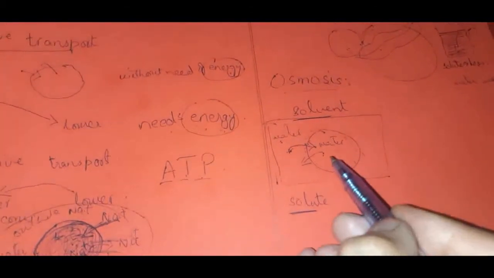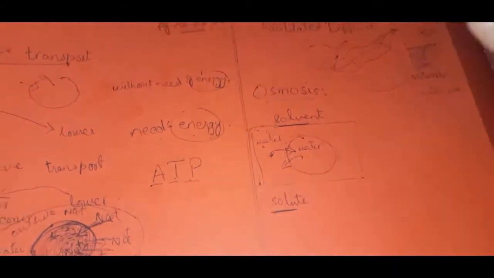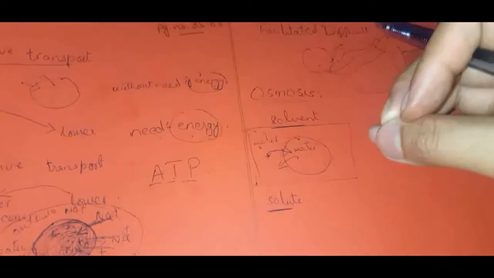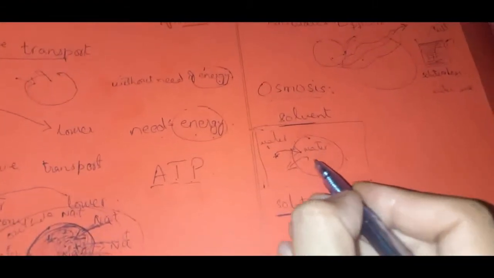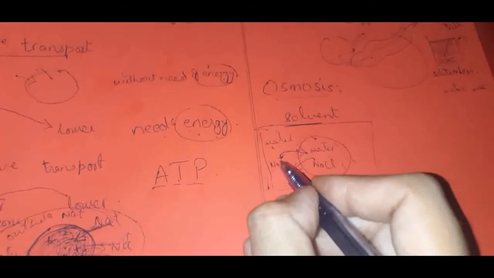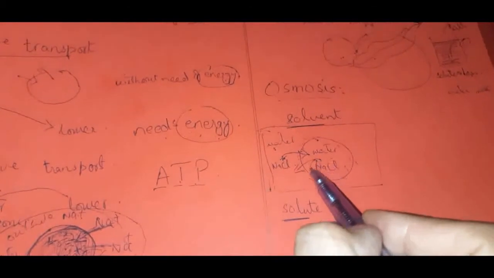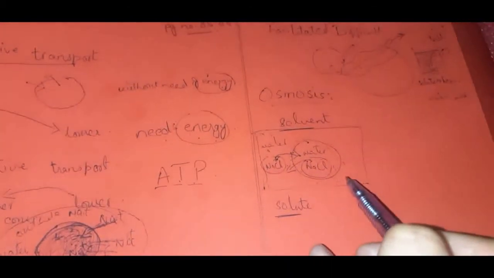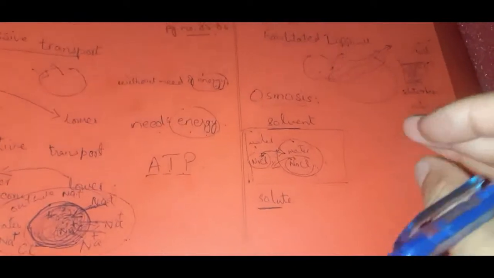Solute means the things which are in lesser quantity. For example, taking sodium chloride, it will depend on the concentration of sodium chloride: where there is more concentration and where there is less concentration. So there are different types of solutions. In osmosis, we are done with the definition.